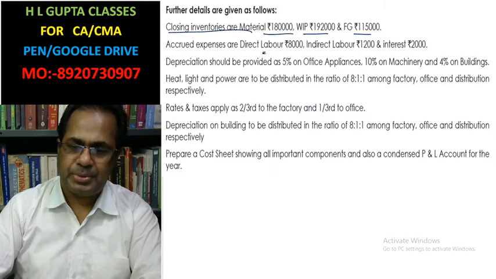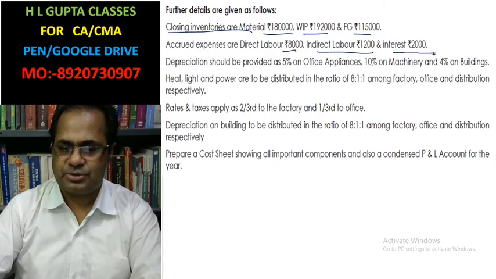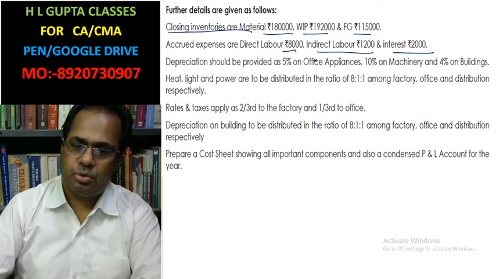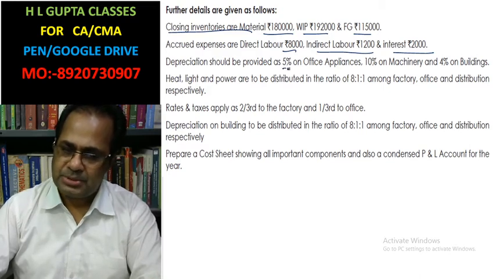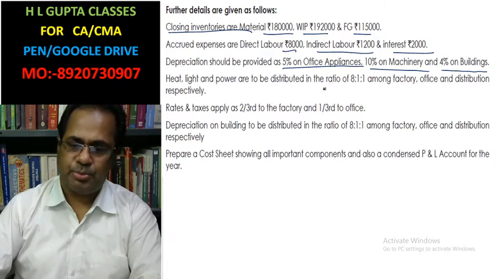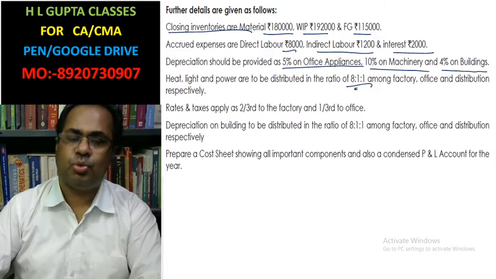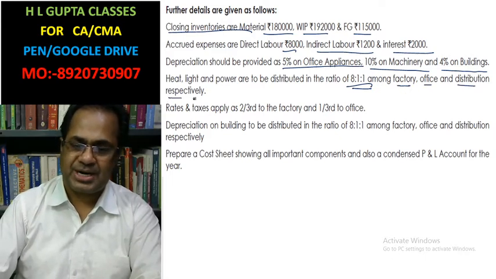Accrued expenses of direct labor are 8,000, indirect labor 12,000, interest 2,000. Depreciation should be 5% of office appliances, 10% of machinery, 4% of buildings. Heat, light and power to be distributed in the ratio of 8:1:1 among the factory, office and distribution respectively.